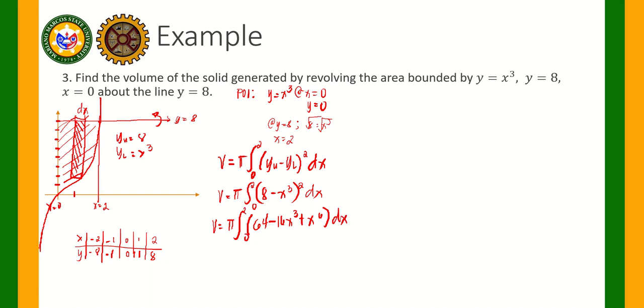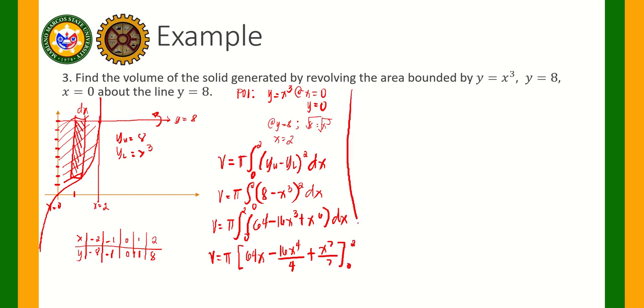And we can separately integrate. So this is equal to V equals pi times, the integral of 64 dx is equal to 64x. The integral of 16x cubed dx is equal to minus 16x raised to 4 all over 4 plus x raised to 7 over 7, limits from 0 to 2.